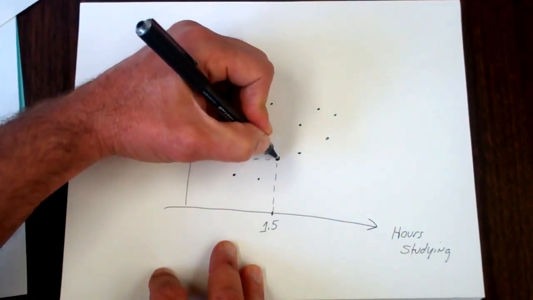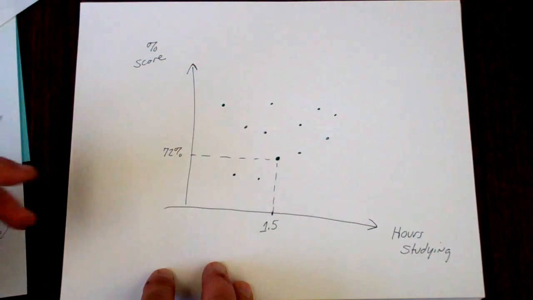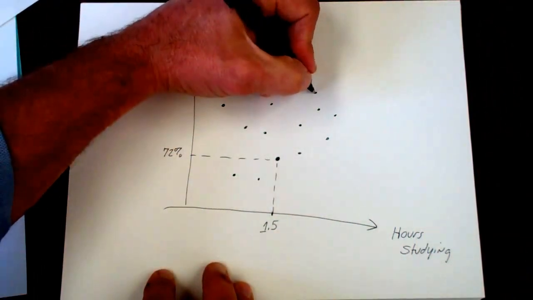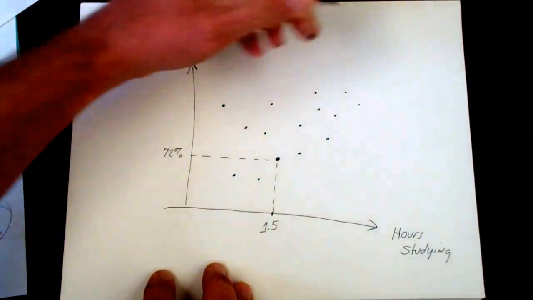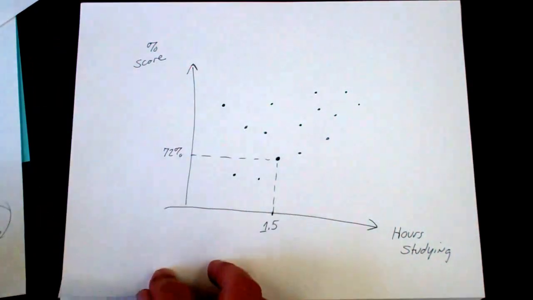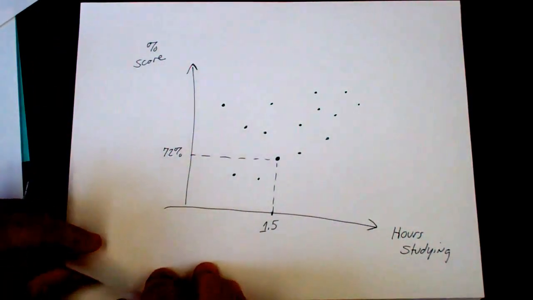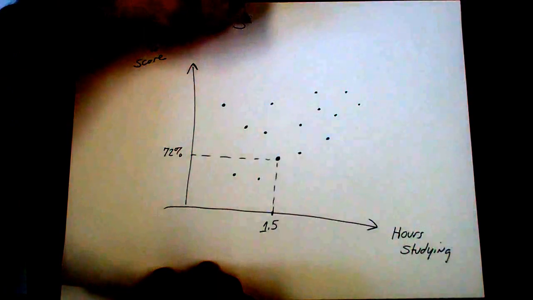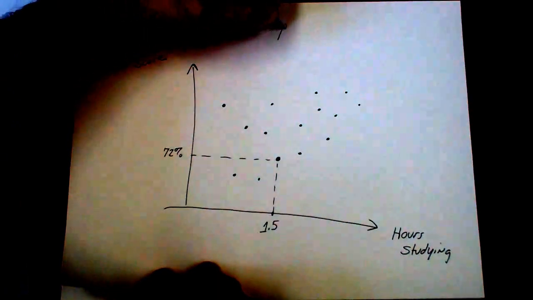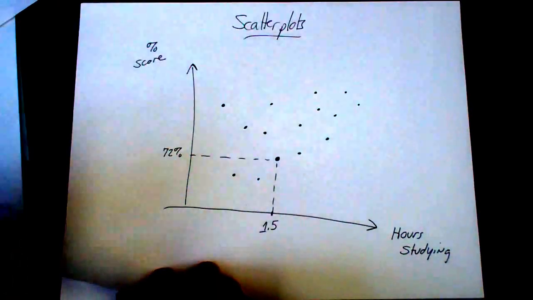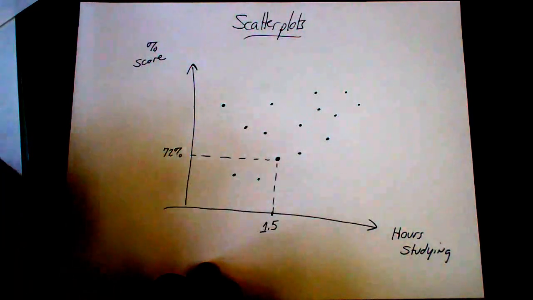That would be that value right there. And then if you look here at the different values, that would give you a general relationship between the percentage score and the hours studying. And that's called a scatter plot. And scatter plots are easily done. Graphing calculators do it. Obviously, all computers would be able to do that.